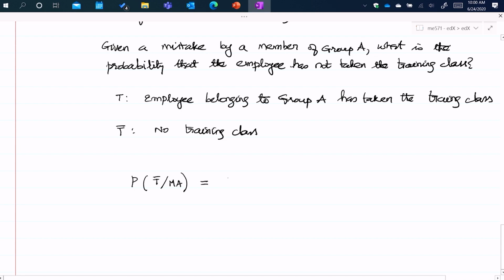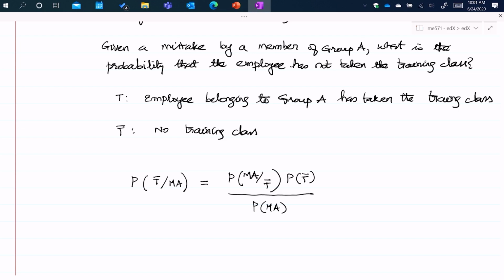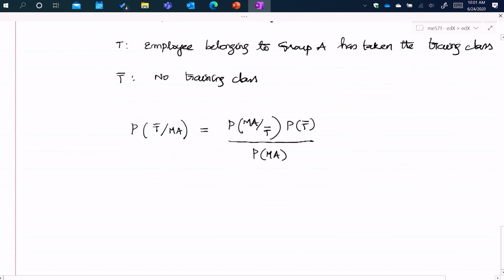This we know from Bayes theorem. We can write this as probability of MA given T complement times probability of T complement, divided by probability of MA, those that make mistakes and who belong to group A. Of the people who belong to group A, there are two ways they could make a mistake. Those that had the training could still make mistakes, and those that haven't had the training could also make mistakes.